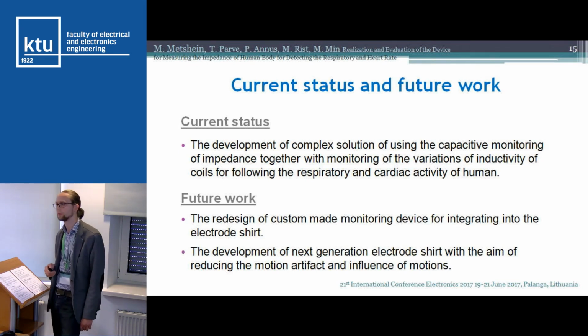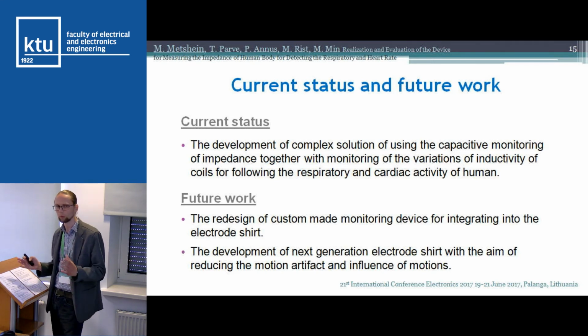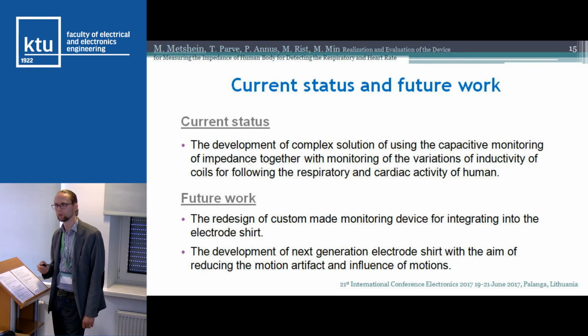So we are planning to add the coils, for example, integrated into the clothing or garment elements, to have another method of following the vital signs, or following the distance between the coil or the electrode and the body surface. And the future work is to redesign the device, build the complex device, incorporate it into the clothing, and also cooperate with competence in textile design.